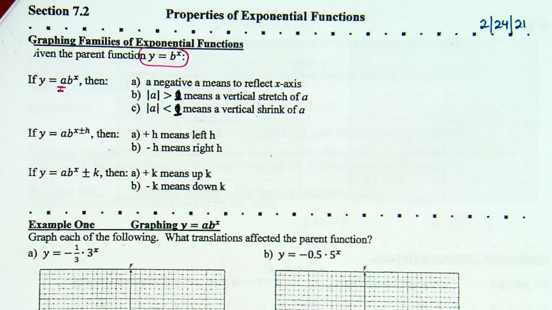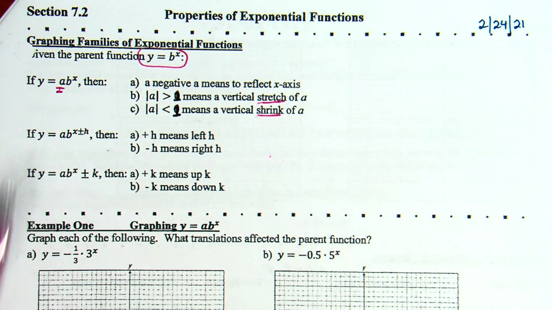Yes, please correct me, Jayden, because I was just talking. I was like, wait a minute. I didn't catch it until I got to the second one. Okay, so just like previously, the number 1. If it's a number bigger than 1, it's going to stretch. If it's a number smaller than 1, it's going to shrink. And when I say smaller than 1, we're talking about a number between 0 and 1, right? The negative makes it a reflection.